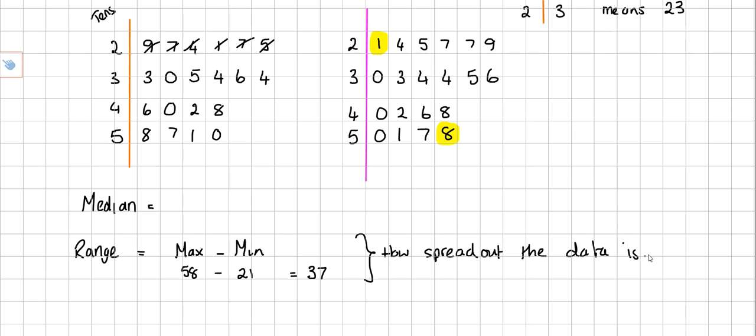Ideally, would I want a low range, a high range, or a medium range for you guys for maths tests? What would be my ideal situation, really? High range or a low range? I would want a low range.